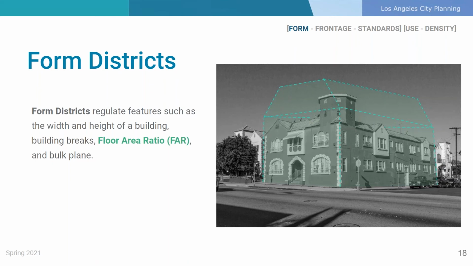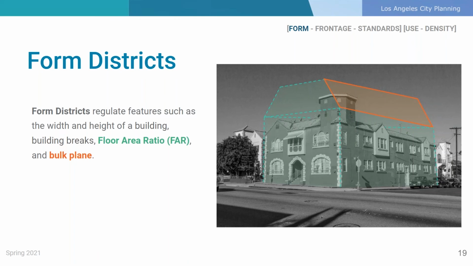FAR works in conjunction with other metrics found in form districts, such as building height and width, to regulate the size and scale of a building. Form districts also contain bulk plane requirements, which create an angled plane that upper stories of buildings have to be contained within.